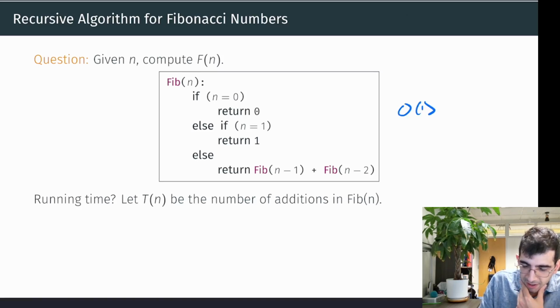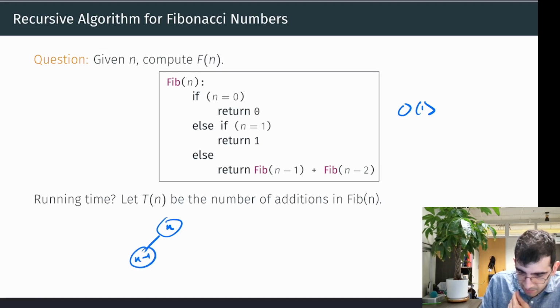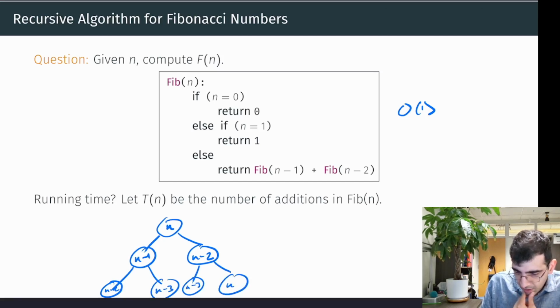And so if we analyze the expression tree at n, we call two instances of fib, one for n minus 1, one for n minus 2. So we do n minus 1, n minus 2, and then we go further down, n minus 2, n minus 3, n minus 3, n minus 4, and so on.